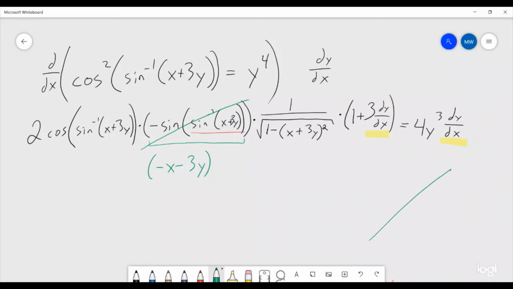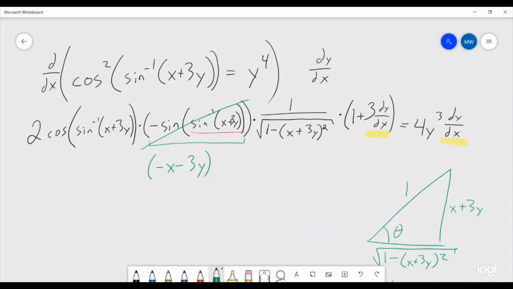So we have x plus 3y as our ratio. For some angle theta, we have x plus 3y here, we have 1, and this is going to be the square root of 1 minus (x plus 3y) squared. So cosine of that is the square root of 1 minus (x plus 3y) squared.